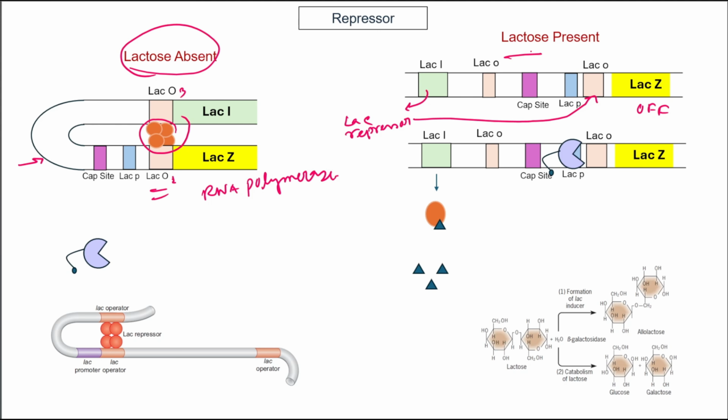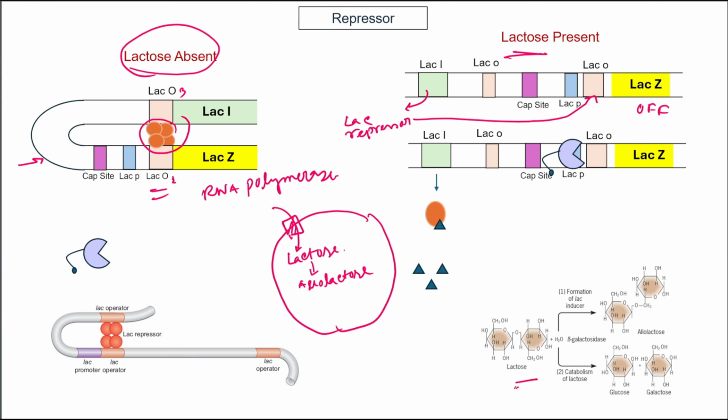If lactose is present in the environment, that lactose enters the cell by permease. So this is the cell membrane. Lactose enters by the permease and some lactose is converted to allolactose. Lactose is converted into glucose and galactose by the beta galactosidase enzyme, and also converted into allolactose.